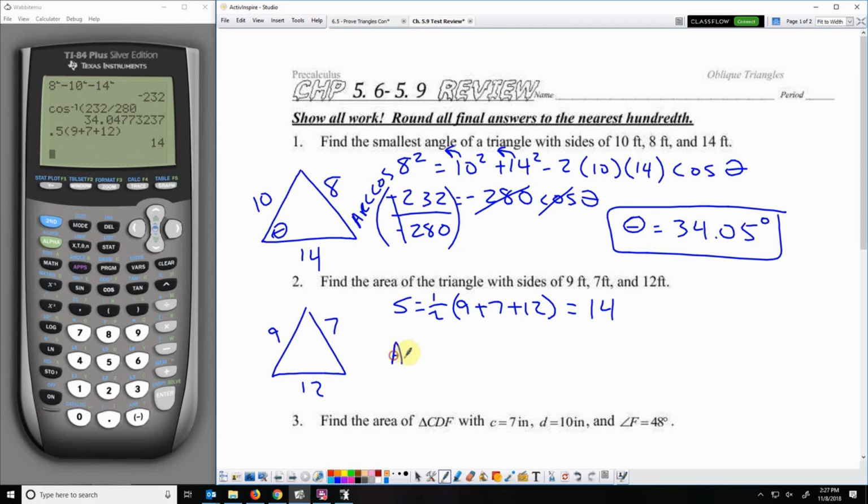Okay, so the area of this triangle is the square root of s, which is 14, times s minus one side. I should put 14, not s, times 14 minus 7 times 14 minus 12.